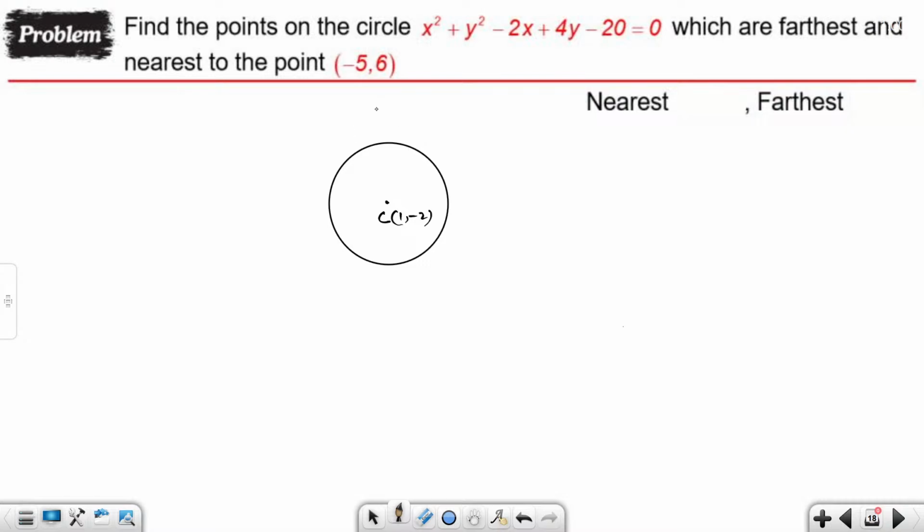Now, first, you don't need to find the position of the point with respect to the circle.